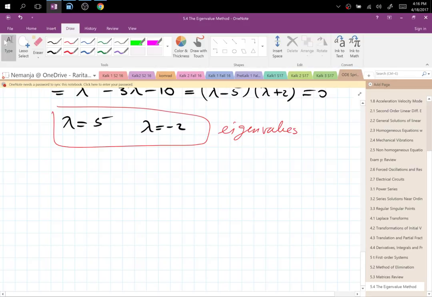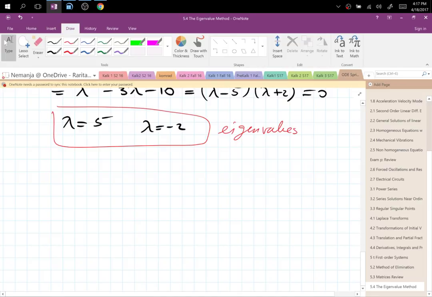All right, so now we have two eigenvalues. Now, guys, these are the exponents on e. So this is going to be your e to the 5t and e to the negative 2t. So we have those. What we are looking for now are those vectors in front. They're coefficients, right?